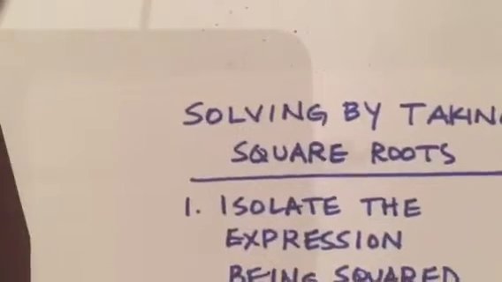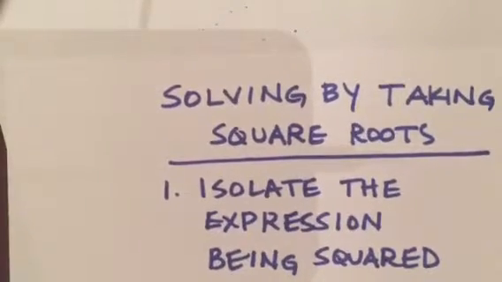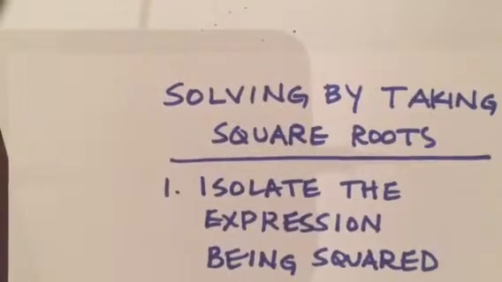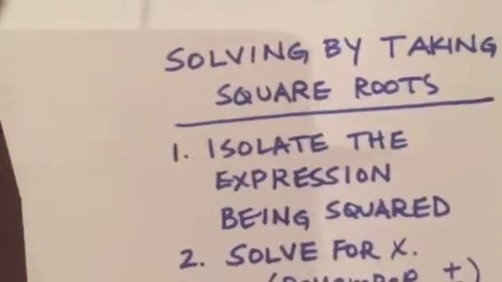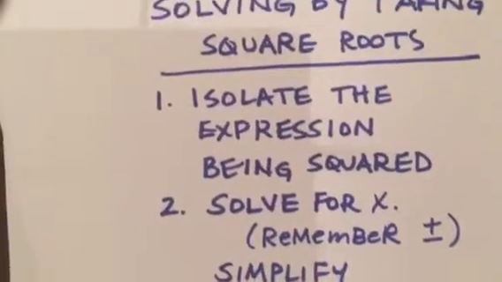We're going to first isolate the expression that is being squared. Now this can be just a variable that's being squared, or it can be an expression in and of itself, like a binomial expression. The next thing we're going to do is solve for x.